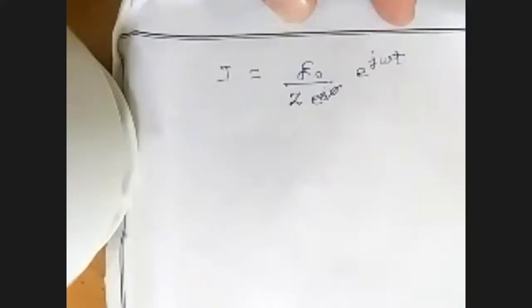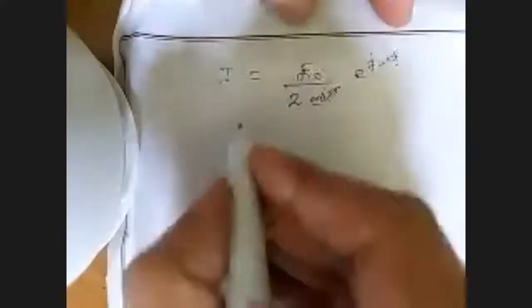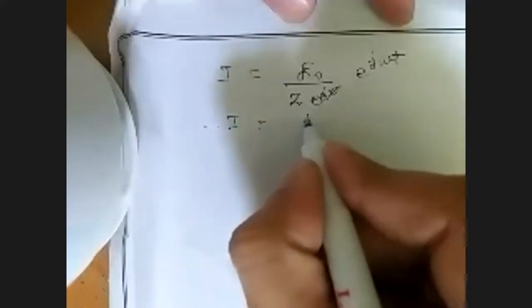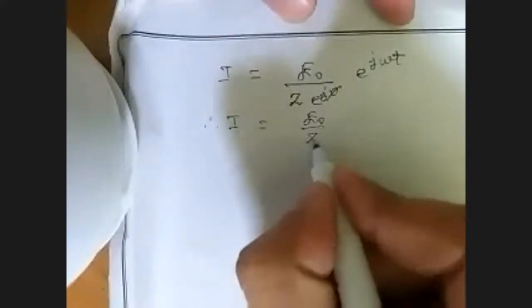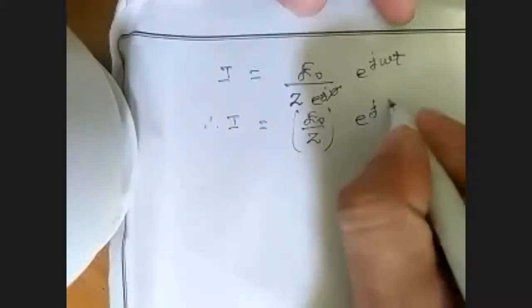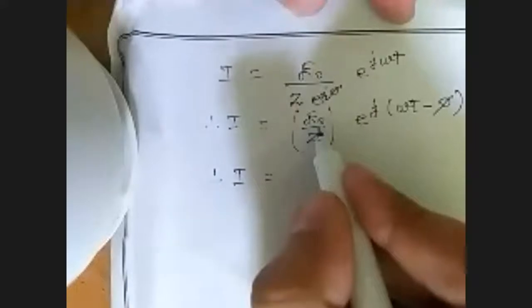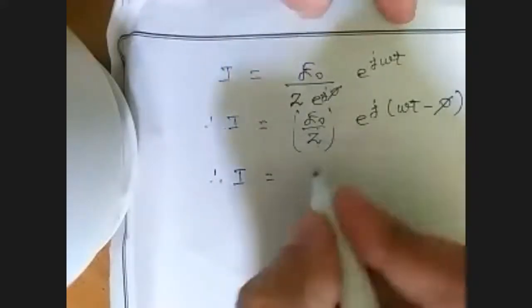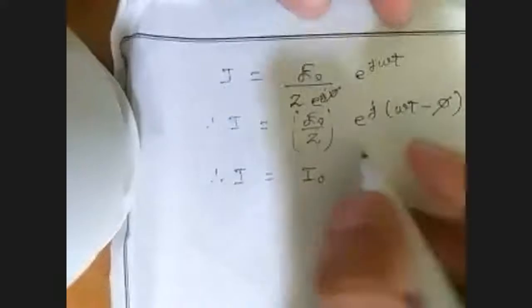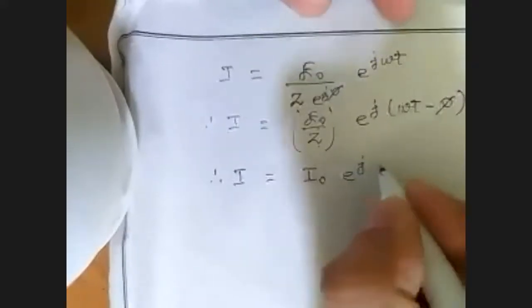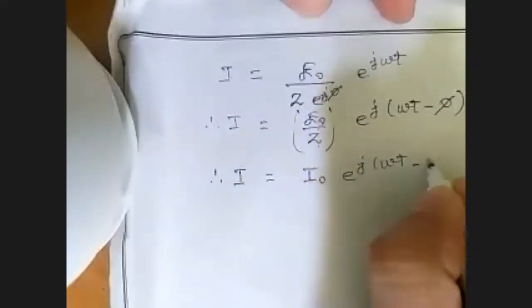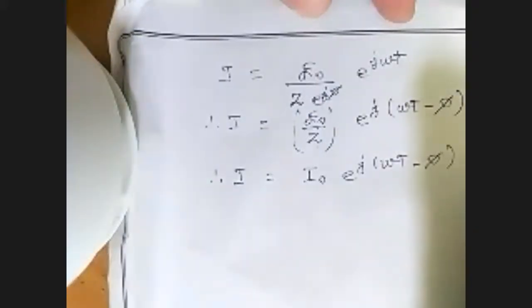What does it mean? I can write I is equal to E0 divided by Z e to the power j omega t minus phi. Therefore, I can write now, this is voltage divided by impedance. This can be the peak value of current in the circuit, times e to the power j omega t minus phi.